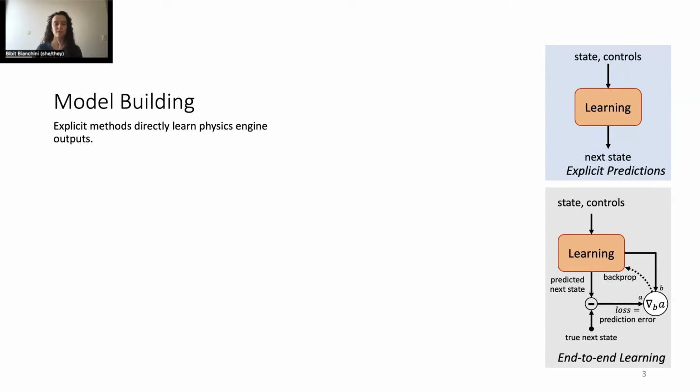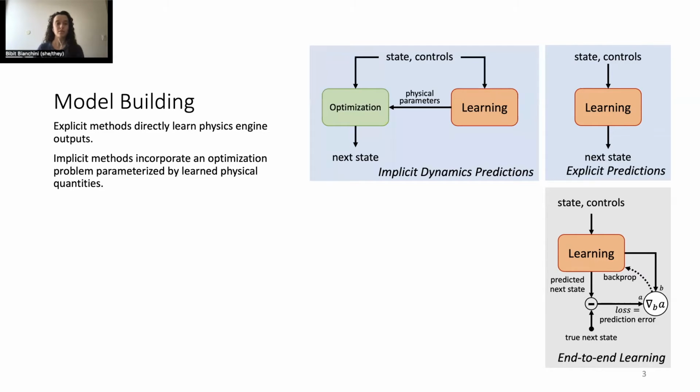So it might be reasonable to embed in some knowledge of this. And one way to do this is with an implicit method that can incorporate an optimization problem that's parametrized by physical quantities that you could learn. And this might look like a weird setup here, but this is actually what's under the hood in many of your everyday simulators, such as MuJoCo, Drake, and Bullet, as well as others.